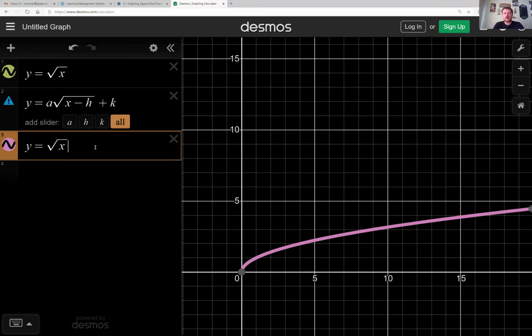So if I want to move the graph up 1, it's square root of x, and then on the outside, plus 1. If I want to move it up 3, I do plus 3. And vice versa. If I want to move this down 1, it's minus 1. Down 2 is minus 2. So on and so forth. So in every function family, that k is moving it up and down.